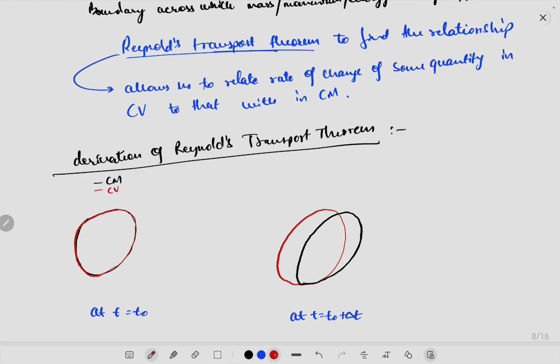Now let's mark these regions as region 1, region 2 and region 3. Let's not write it here. Let's mark this as this whole region. So what would one correspond to?